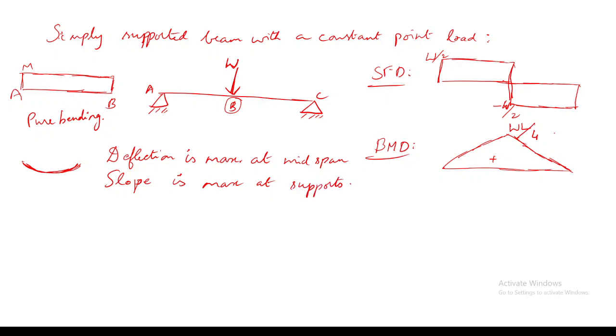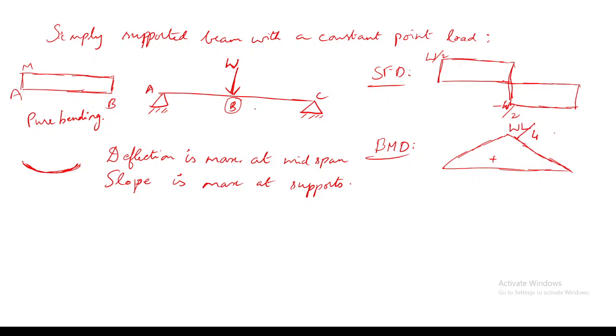This is true for any kind of simply supported beam where the loading is symmetrical. Symmetrical in the sense that the load values should be equal, and also spaced equidistant from either support.